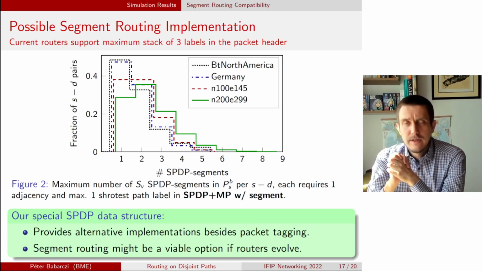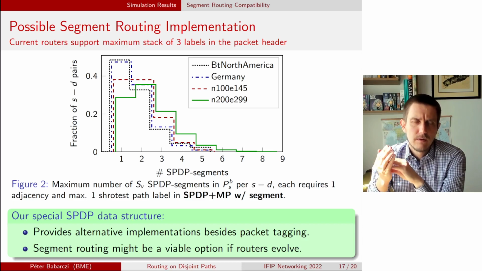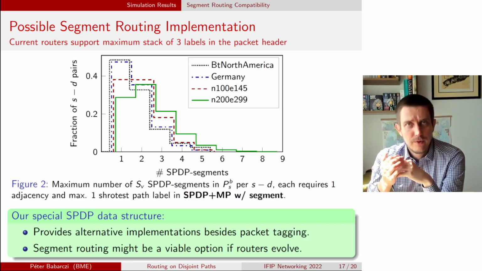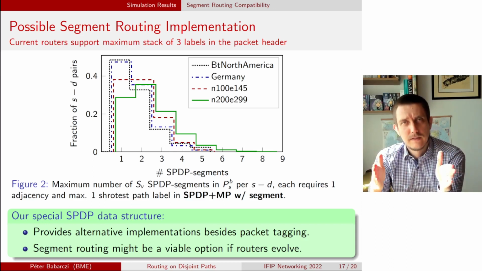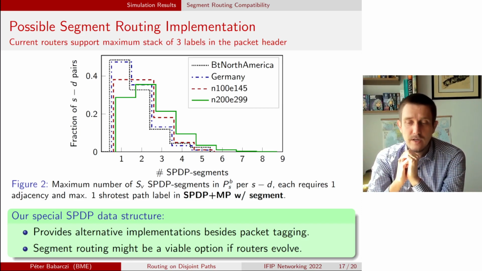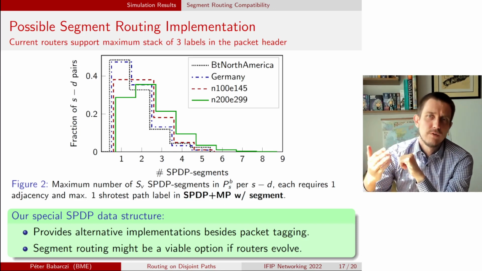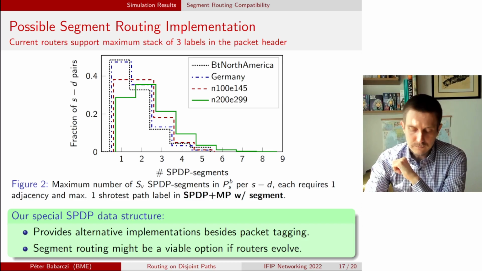So we can calculate an upper bound on the segment routing implementation. Our observation is that although we were able to improve on previous solutions and reduce the label stack size in the segment routing implementation, current routers only support a depth of 3 labels. So currently it's still not a viable option, but in the future, if routers evolve, a segment routing implementation will also be good to address these SPDP segments.